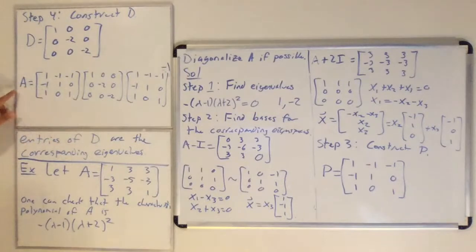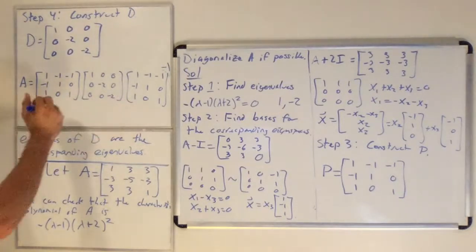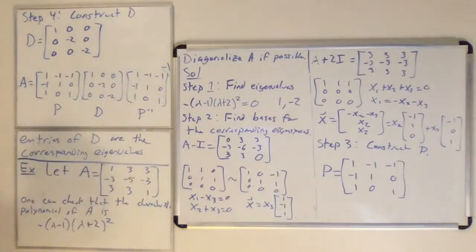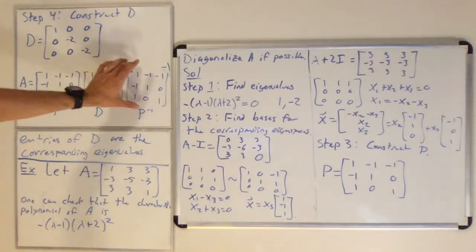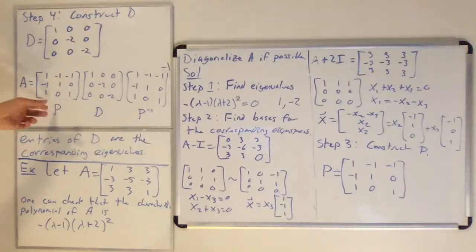So you could check that A is equal to P D P inverse. We didn't find P inverse, but the way you'd find it, remember, you'd take P and write it next to the identity matrix, row reduce P until you get the identity matrix, and what's left over is P inverse.